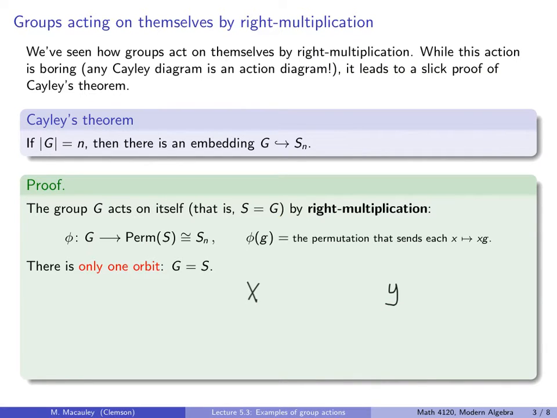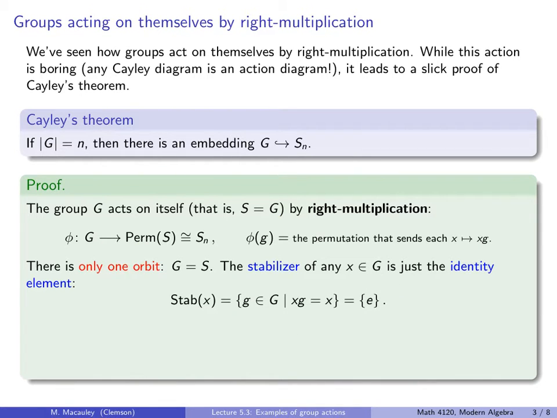How about x times x inverse times y? That equals y, right? So in other words, pressing the x inverse y button is the permutation that sends x to y. So between any two elements there is a path in the action diagram, meaning there is one connected component of the action diagram, which means there is one orbit.